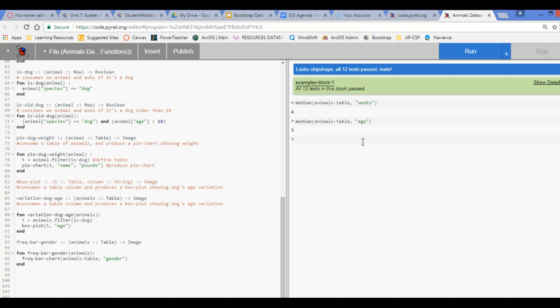We can also look at the mean. Actually, I'll just use my up arrow here and do the same type of data analysis for the age. So we know it's 4.6, and then we can also look for weeks. But the problem with looking at this data is although we can find out the averages, we really can't tell what they look like together.